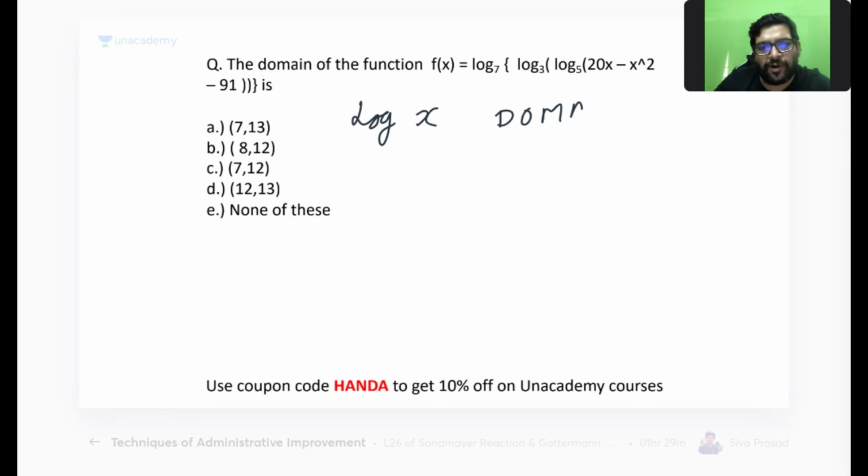What is the domain for log x? This is valid from 0 to infinity because x can take any positive value. It cannot be negative. So please keep that in mind and tell me, how will you solve this? How will you start this?